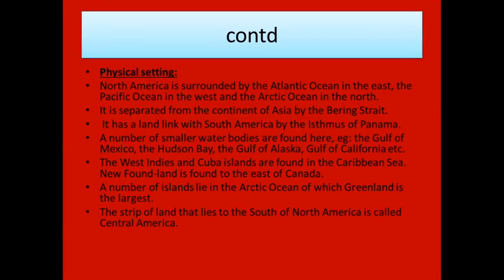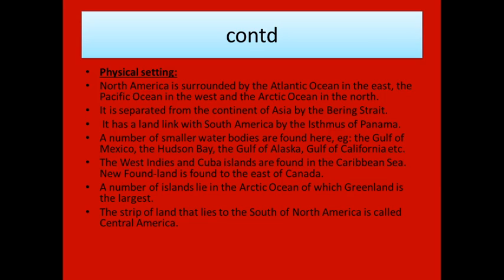Next is the physical setting of North America. North America is surrounded by the Atlantic Ocean in the east, the Pacific Ocean in the west, and the Arctic Ocean in the north. It is separated from the continent of Asia by the Bering Strait.